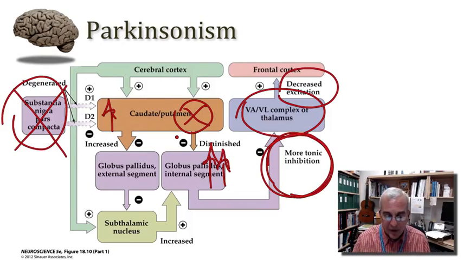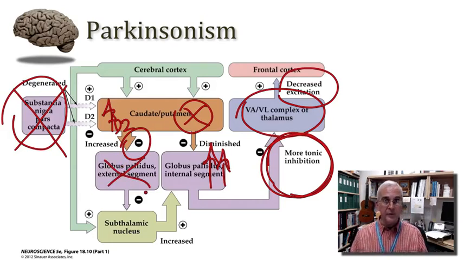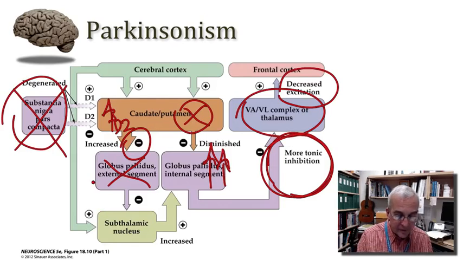Matters are made worse by the absence of dopamine on our D2 receptors, which means that we cannot suppress the activity of this indirect pathway. So we have a lot of inhibition coming out of the indirect pathway, which will shut down the external segment of the globus pallidus. And that means that it's likely that we will have disinhibition of the subthalamic nucleus.